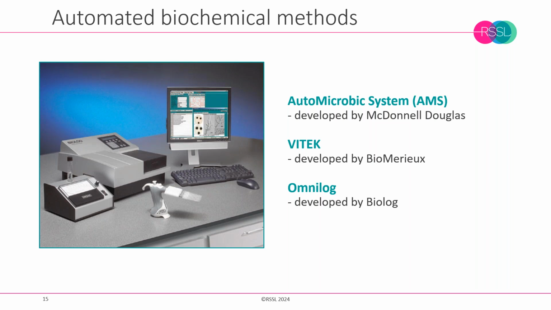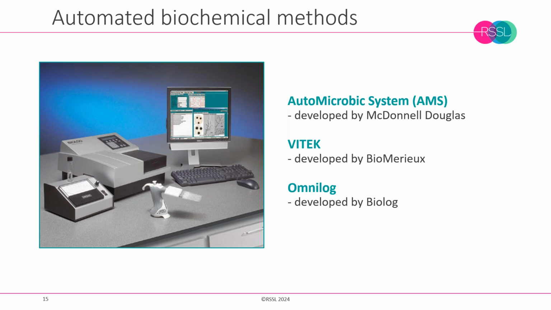So the Vitek utilizes various identification test cards. They're made of microwells containing biochemicals, and separate cards are available for different groups of organisms. So this technology is very reliant upon initial Gram stain in order to select the correct card, which is also a prerequisite for the API kit that we just looked at.